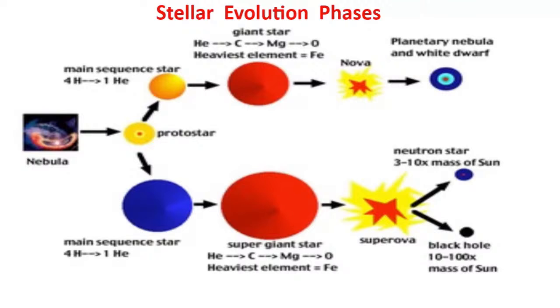And what we get are the sun as it is right now. It will become a red giant. It won't go nova, but it will become a planetary nebula and white dwarf. If it's larger, then we go from a large star to a super giant star, and it will end its life blowing up as a supernova and give you a black hole and a neutron star. That's how these things come about.